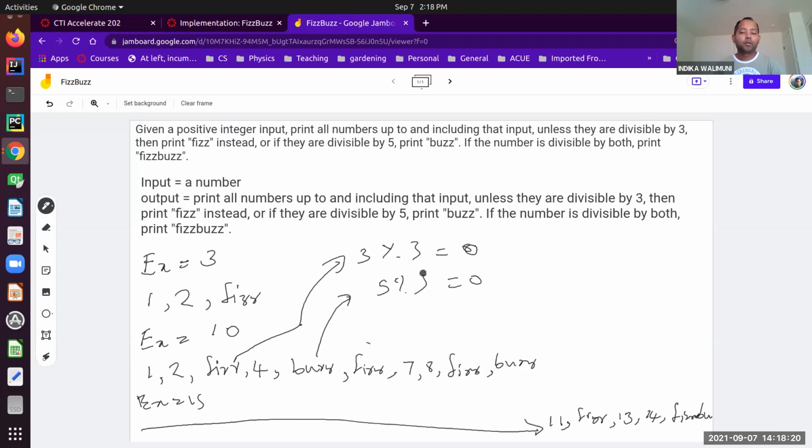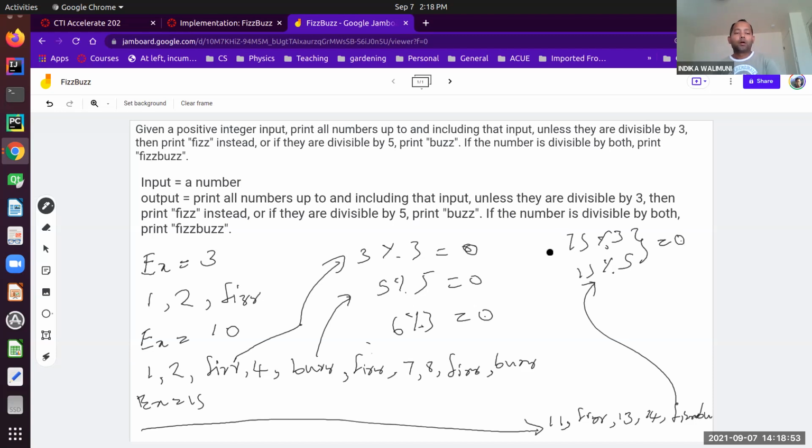And when it becomes 6, 6 mod 3 is also 0. When it comes to 15, 15 is divisible by both 3 and 5, so both equal 0. So we need to use the AND operation.